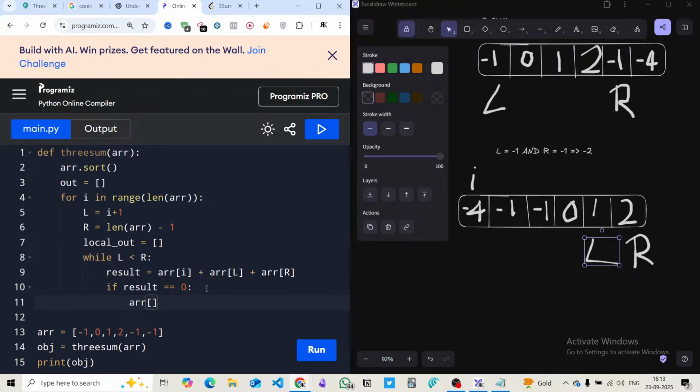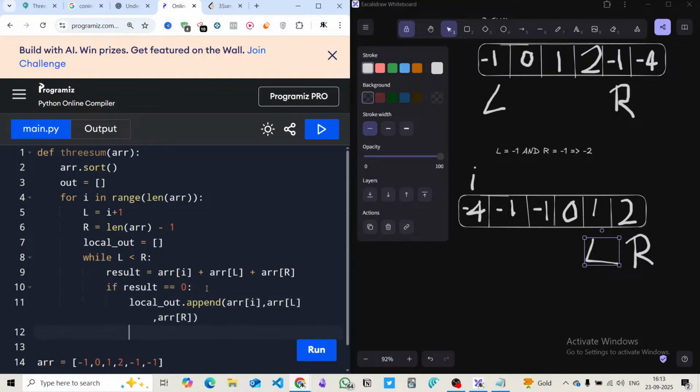Array of I, dot append, sorry. Local out dot append, array of I. Okay.